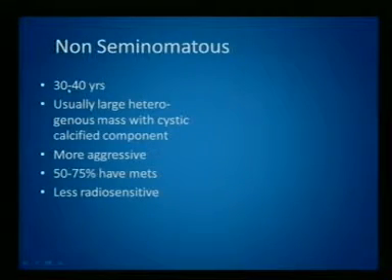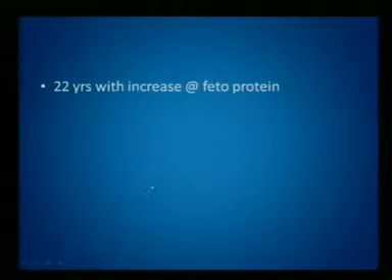Non-seminomatous tumor is common at 30 to 40 years of age, usually heterogeneous with cystic or calcified components. It is more aggressive than seminomatous tumor, 50 to 75% have metastasis, and it is less radiosensitive. This patient, 22 years old, has high alpha-fetoprotein.